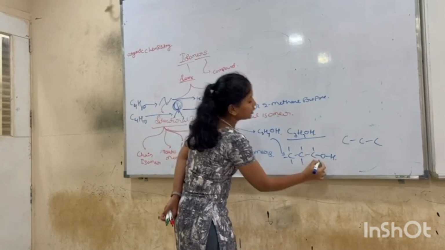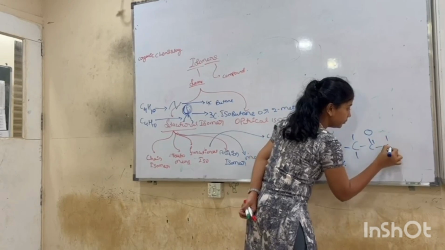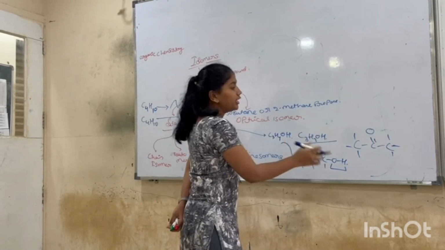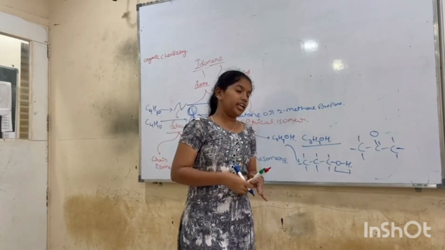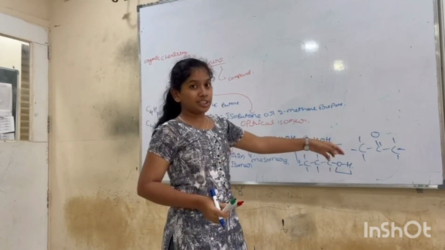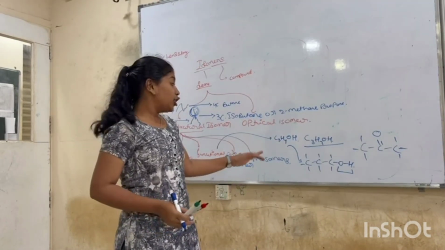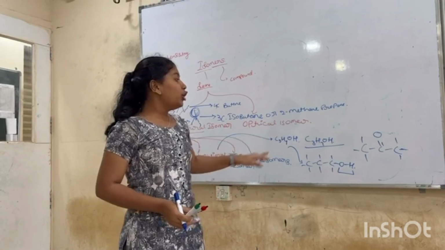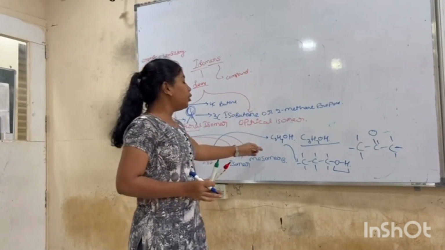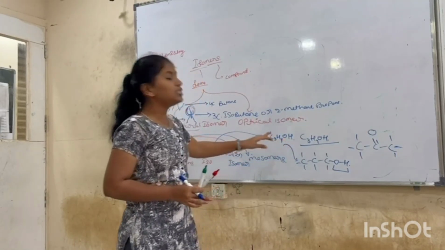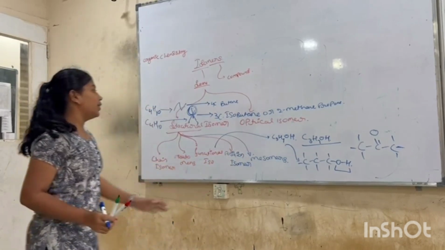In case of this, the functional group is alcohol. In case of this, the functional group is ketone. The hydrogen in both cases are the same, but the functional group is different. So in case of this compound, the functional groups are different, but the molecular formula in two cases are the same. This type of isomer is called a functional isomer.